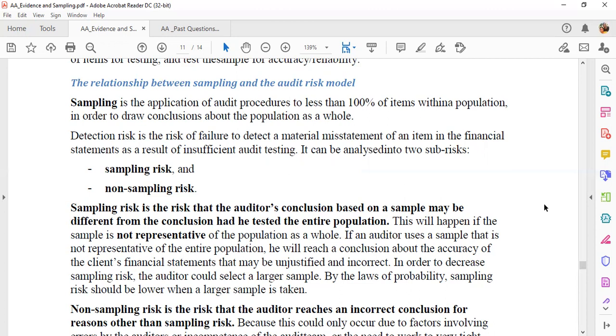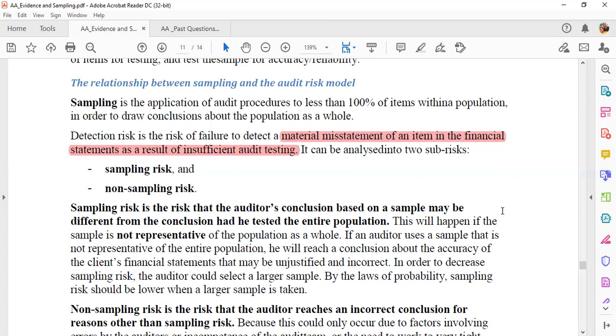The risk that arises as a result of not checking the entire population is what we call detection risk. To reduce this risk, do more tests and carry out more procedures. Please don't forget that.